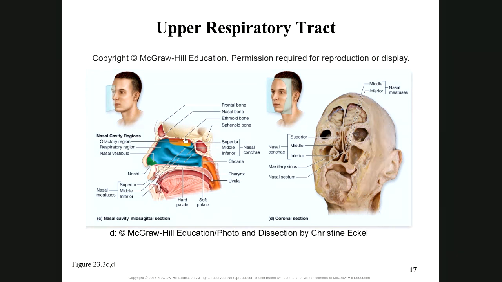They pass through these cribriform foramina and go to the olfactory bulb of our brain, and then we can detect odor. So our nasal cavity inside is divided into the nasal vestibule, respiratory region, and olfactory region.